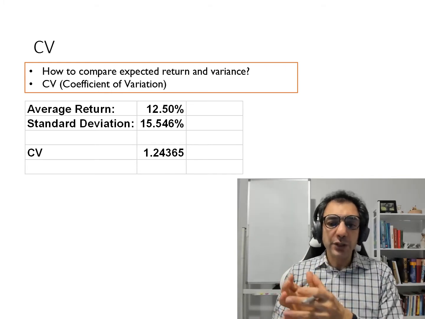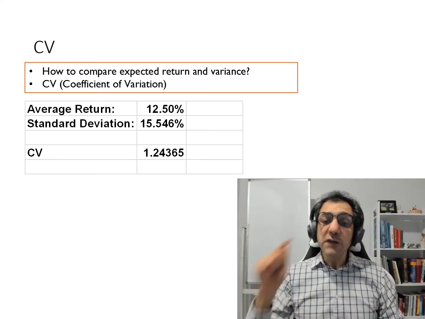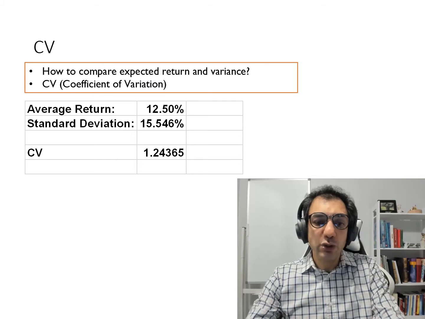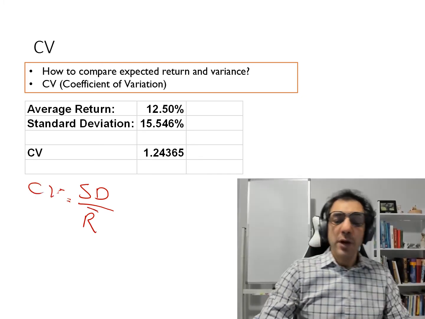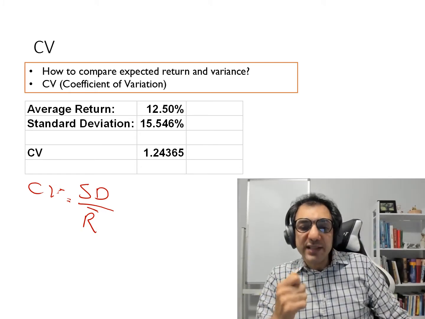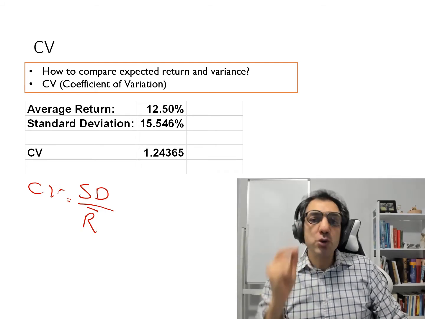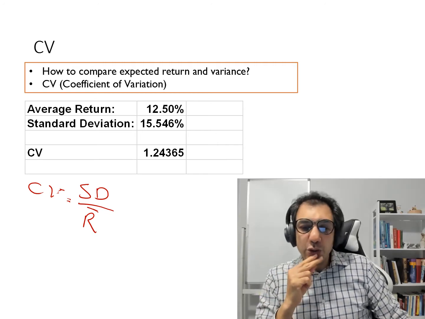So we talk about the return, we talk about the risk, and we learned how to calculate those. If you divide the standard deviation by the average return, you can find the coefficient of variation. What it's doing is helping you understand, for each unit of return, how much risk you are taking.